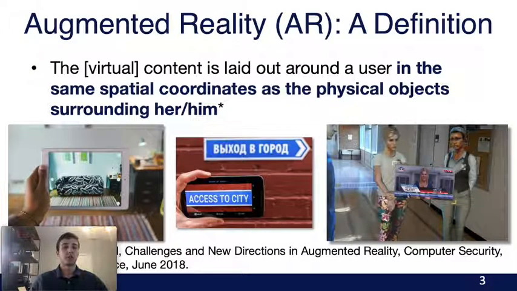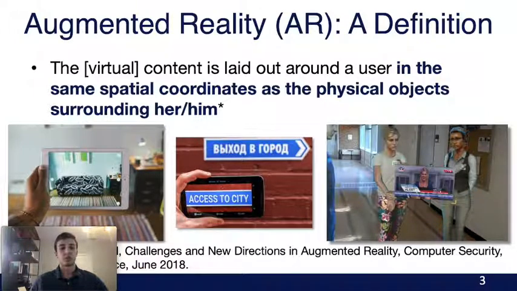So in augmented reality, the virtual content is laid out around the user in the same spatial coordinates as the physical objects surrounding her or him. The pictures below show examples of currently available AR experiences. The first picture is used by furniture sellers such as IKEA or even Amazon to show their products in the same physical space as the user.